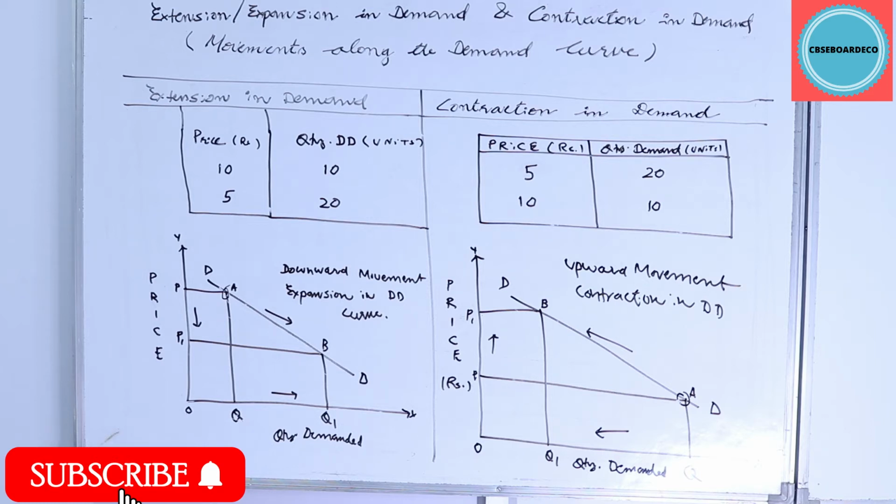Extension and contraction in demand is only due to changes in price and not due to other factors affecting demand, such as changes in the income of the consumer, changes in taste and preferences, changes in the price of related goods, etc. It's also called movement along the demand curve because we move up and down along the same demand curve because of changes in the price, or it is also called change in quantity demanded.